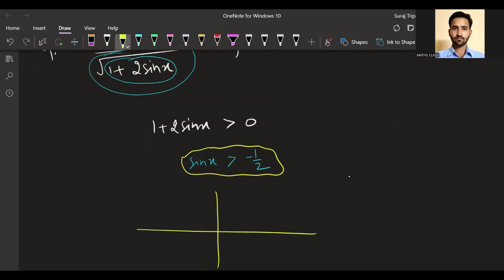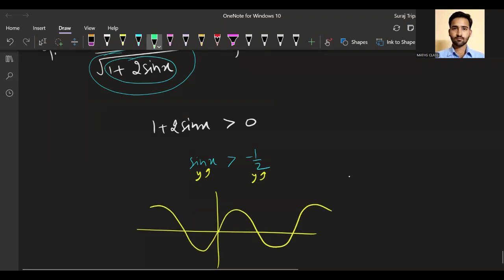So how we will find the values of x? Again, we are going to draw the function graph of y equals to sin x and y equals to minus half. So this is the graph of y equals to sin x, right? And this is the graph of y equals to minus half.